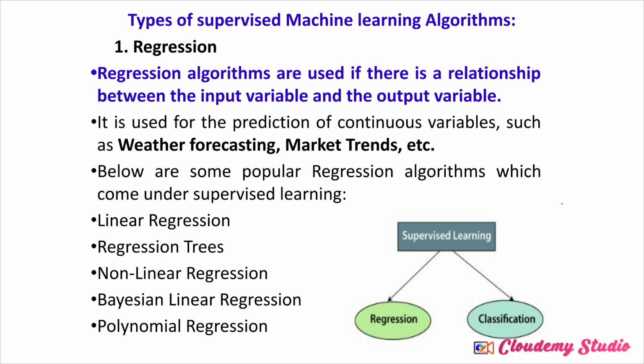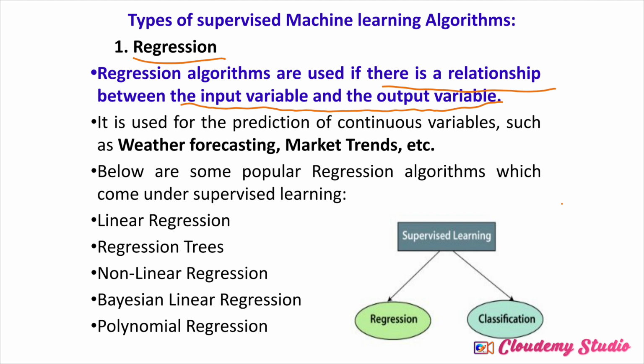So the first supervised learning algorithm is regression. Regression algorithm is used if there is a relationship between the input variables and the output variable. If we want to find the relationship between two variables, where the first one is input and the second one is output, then we will consider a regression algorithm.